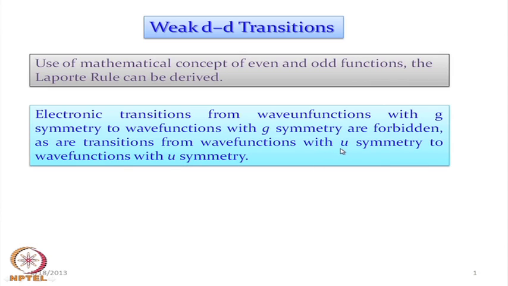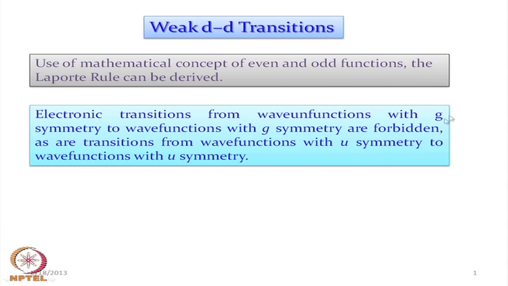So, with respect to the center of inversion, we have seen that some orbitals will be labeled as having G symmetry and others as having U symmetry, such as we have two types of orbitals in centrosymmetric Oh symmetry, that means the octahedral symmetry.